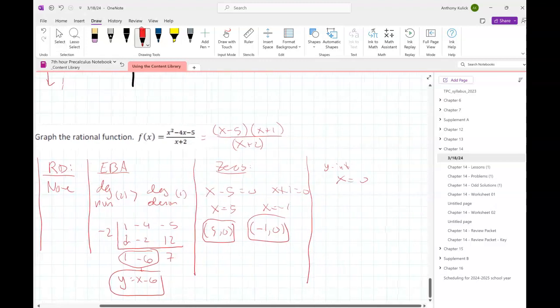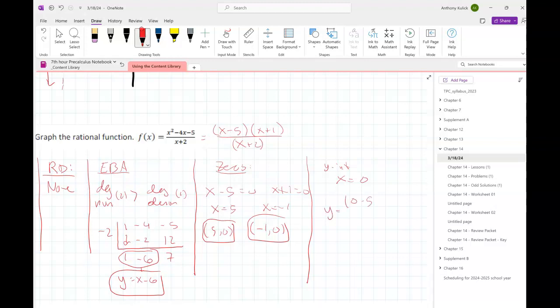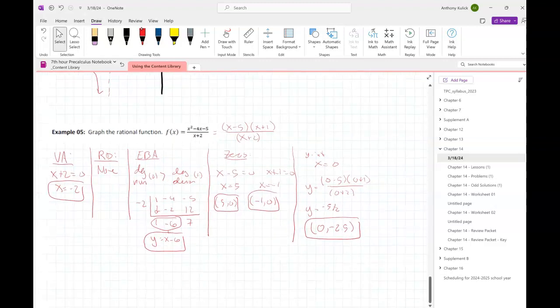I know I always pick x to be 0. And then my y is how we feeling here? So far, so good?